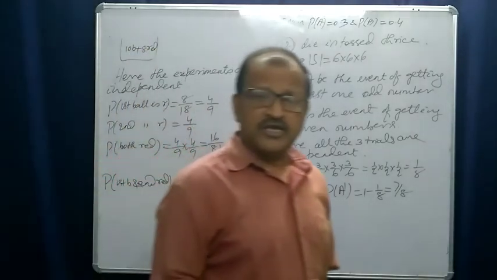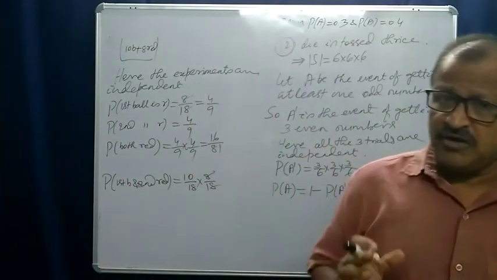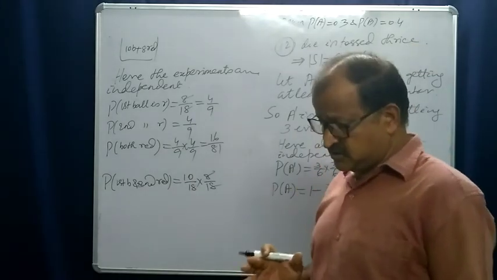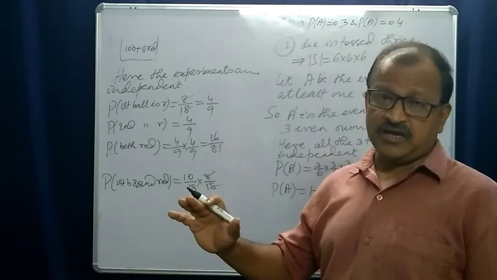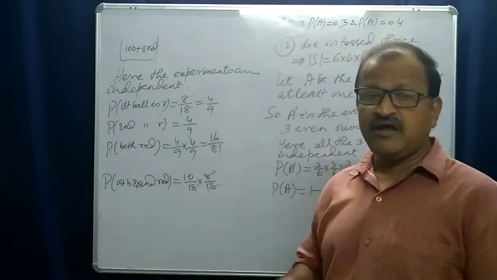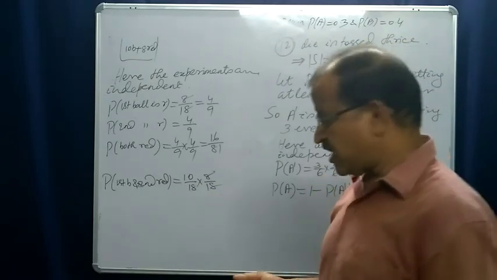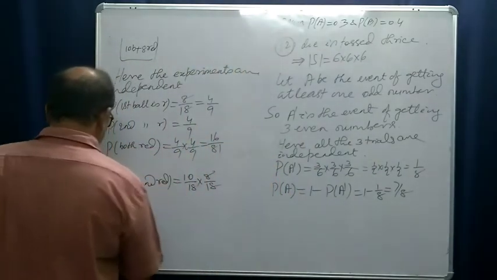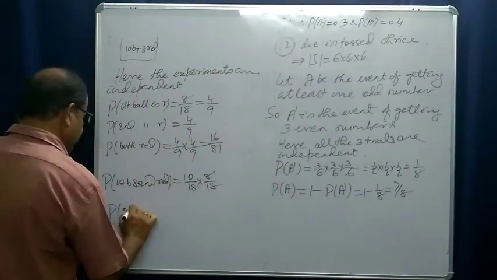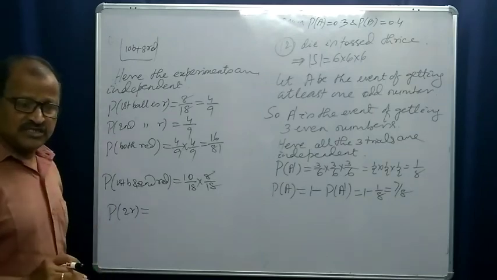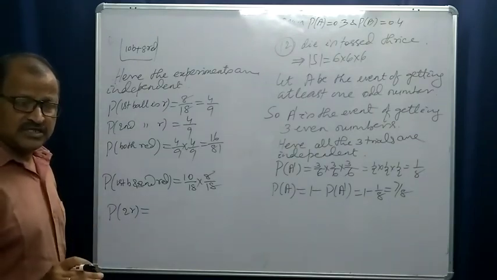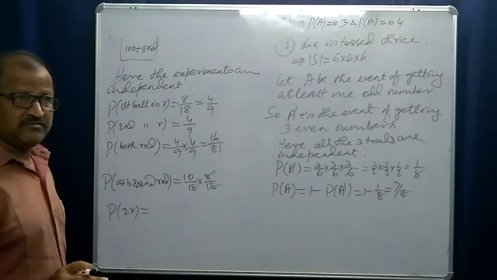So how will we get it? That means we have to calculate when both are red or both are black. Probability of 2 red: the first ball is red and the second ball is red.